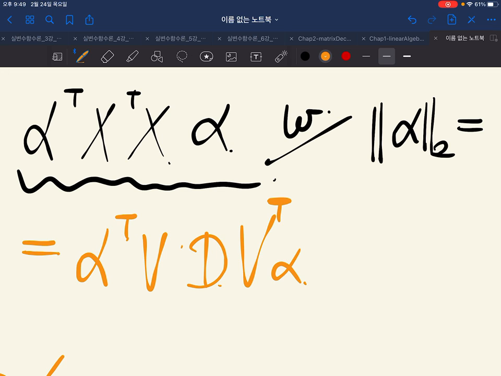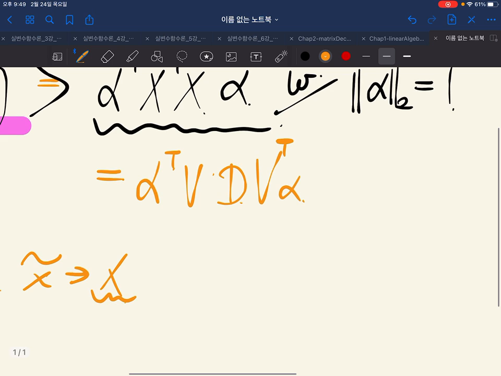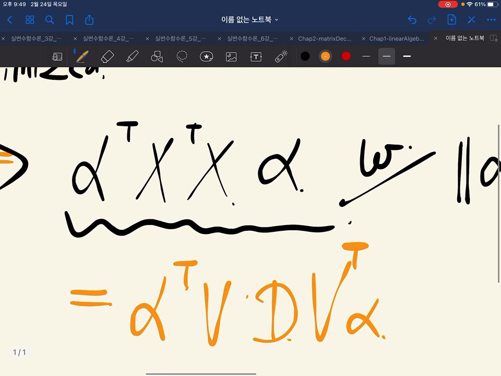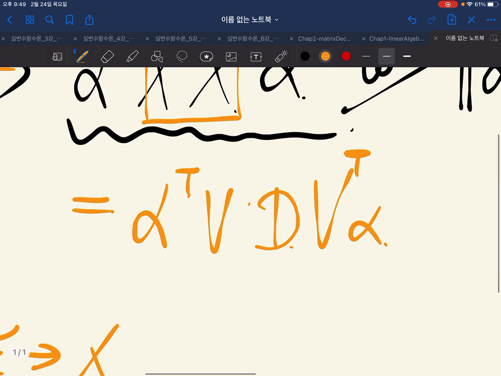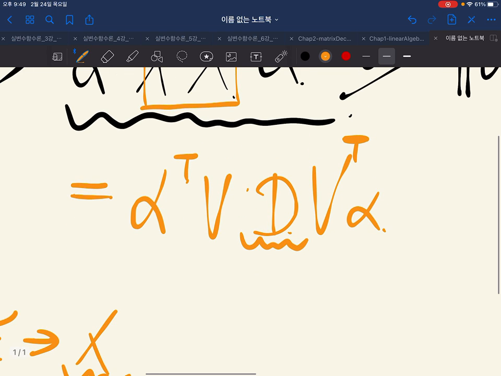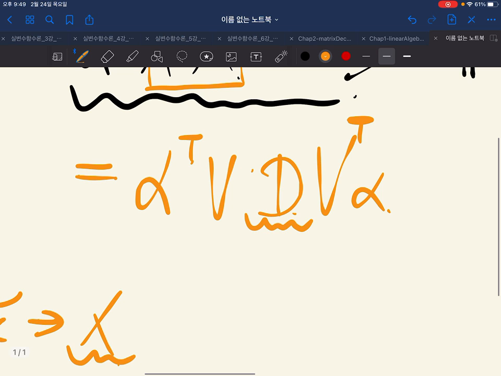And if we write it this way, since it is a positive semi-definite matrix, all the diagonal elements of this matrix D are at least 0.